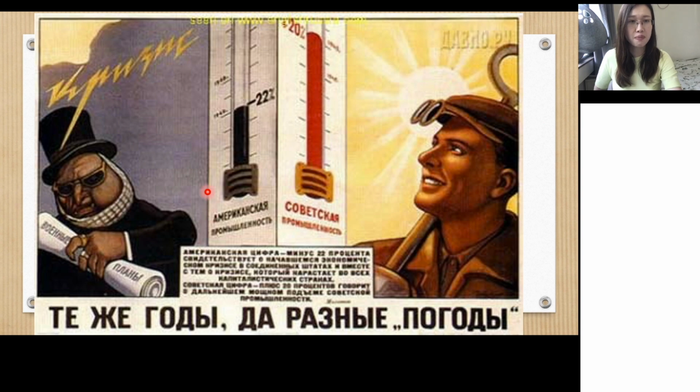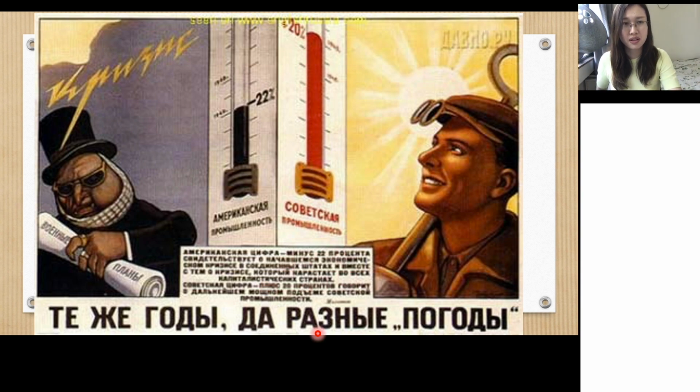The black thermometer shows the American industry rate. That means their industry is very bad, like minus 22%, right? On the other side, the Soviet industry rate is in red, a very positive color, and it's more than a positive 20%, right?